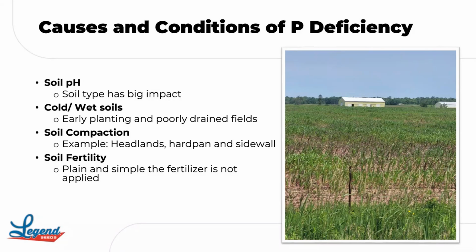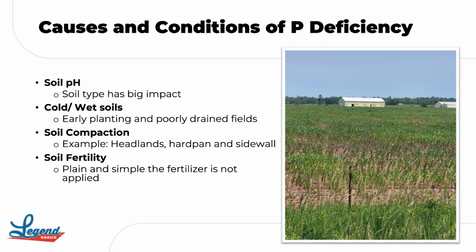on your phosphorus deficiency. Soil compaction, a lot of times we'll see it on the headlands. Think of the equipment again, maybe our grain cart operator, Shelby, is always driving in the same spot, so we start to see it in certain areas of the field.